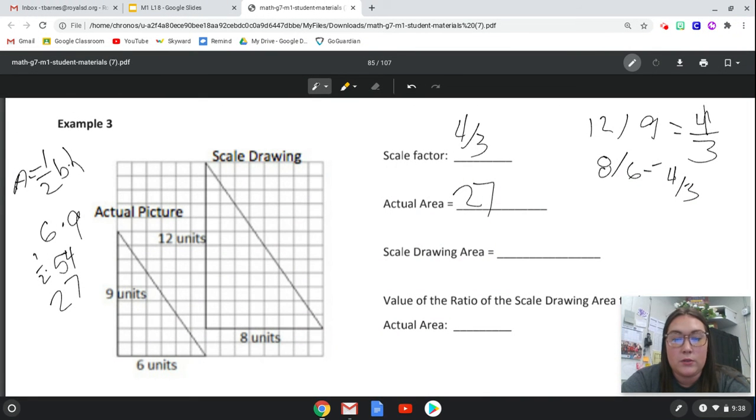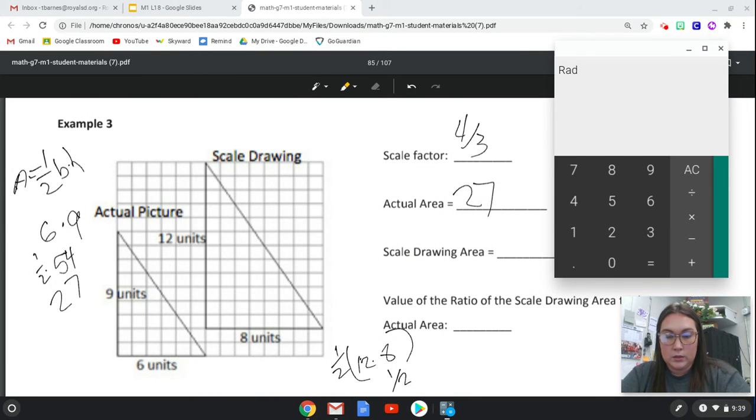All right, then my scale drawing. 12 times 8, and 1/2 of that. 8 times 12 is, let's throw that in a calculator, you guys. 12 times 8, 96.